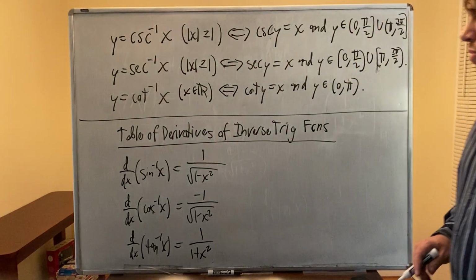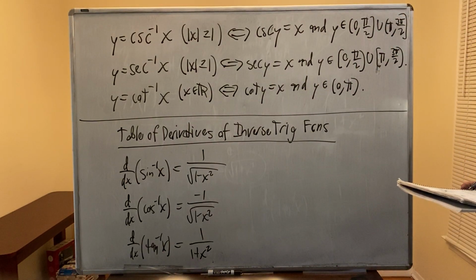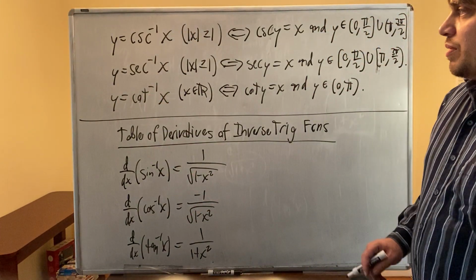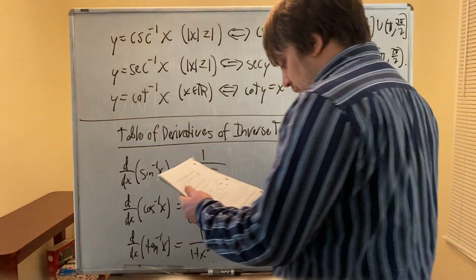So we proved those three equations. Okay? Now the other three derivative functions. We have these three inverse functions, and there are derivatives of those three functions, and so I'm just going to state them here.